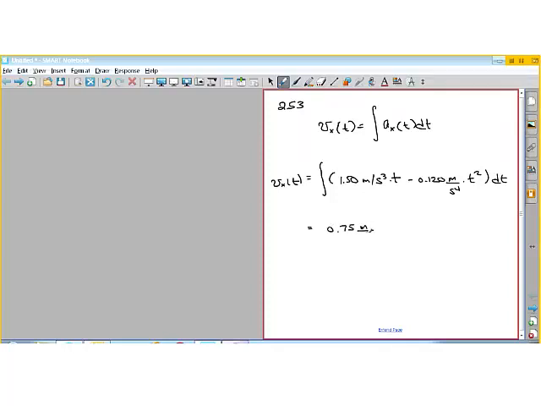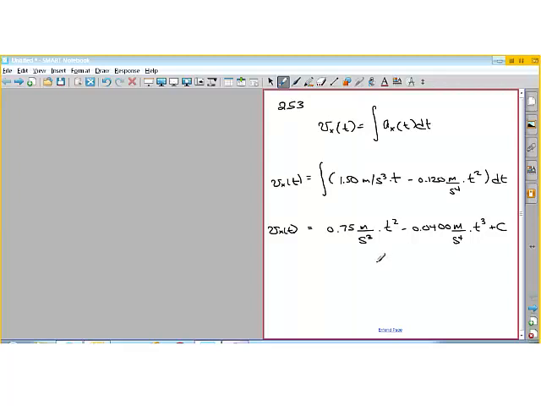We end up with 0.75 meters per second cubed t squared minus, and here we get t cubed over 3. 0.120 divided by 3 is 0.0400 meters per second to the fourth t cubed, plus our arbitrary constant c. So t cubed over 3, I divide by 3, and t squared over 2, I divide by 2.